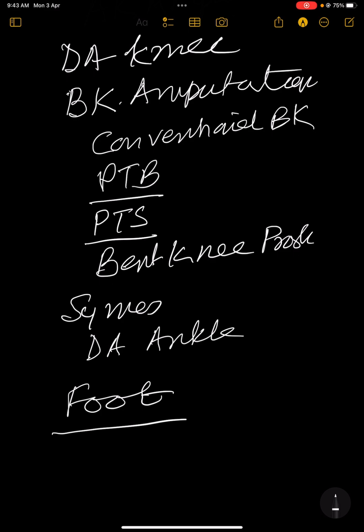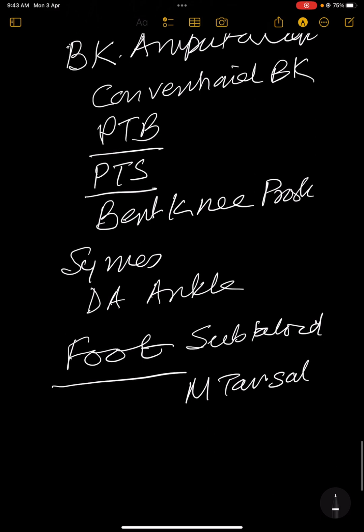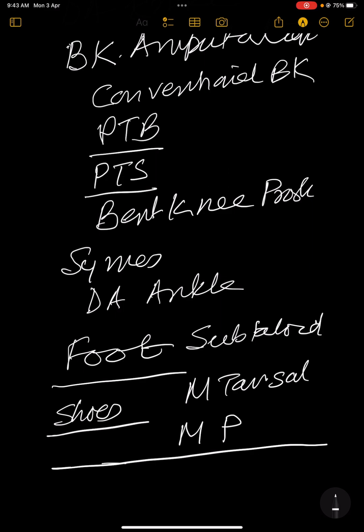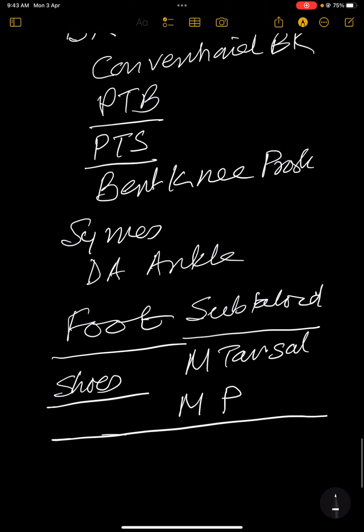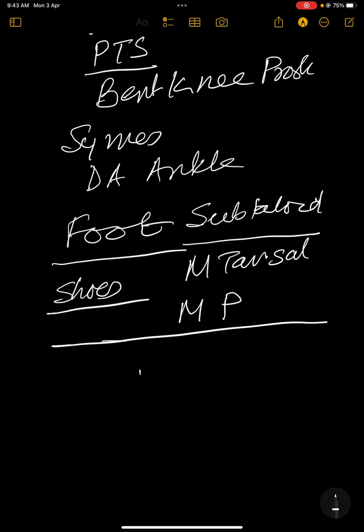All right. One is subtaloid, then mid-tarsal, and then metatarsophalangeal amputation. So these are basically managed by shoes. In subtaloid amputations, in the lower limb amputations, you have to ensure that the plantar flexors and dorsiflexors are intact.